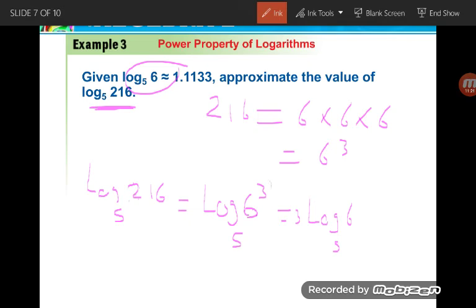You just take 3 from the power to be a coefficient for the log. So it will be 3 log 6 for base 5.